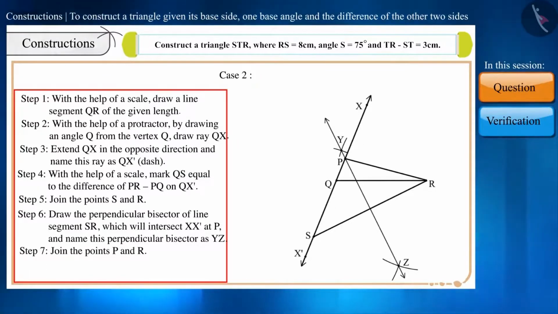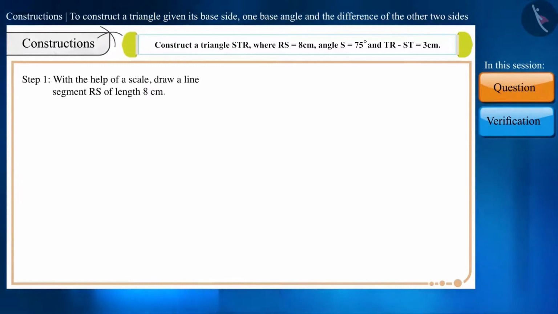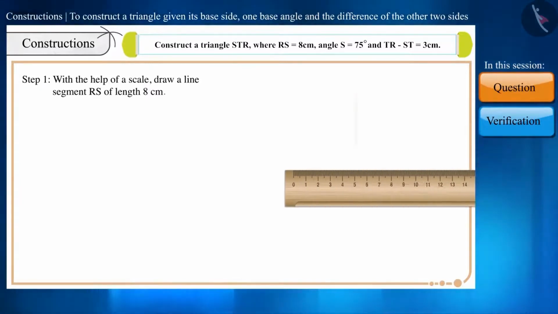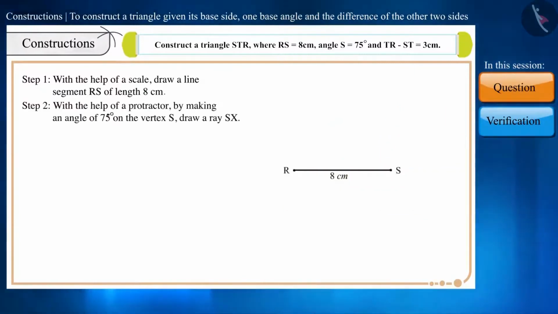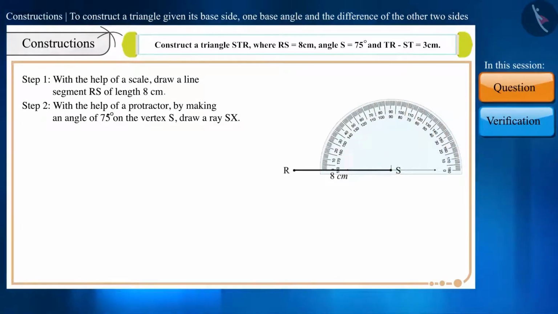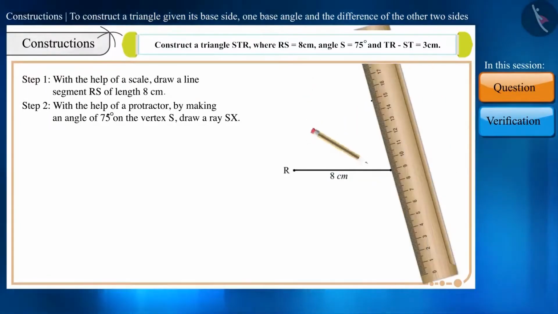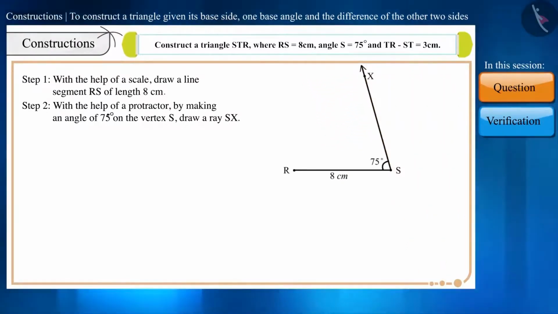Now, we will construct this triangle according to the steps of construction. Step 1. With the help of a scale, draw a line segment RS of length 8 cm. Step 2. With the help of a protractor, by making an angle of 75 degrees on the vertex S, draw a ray SX. Step 3.